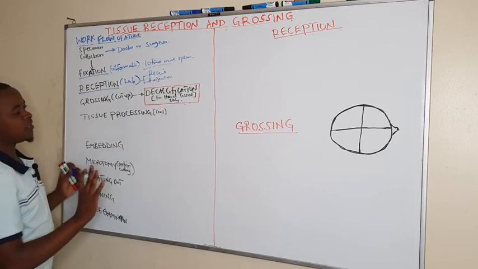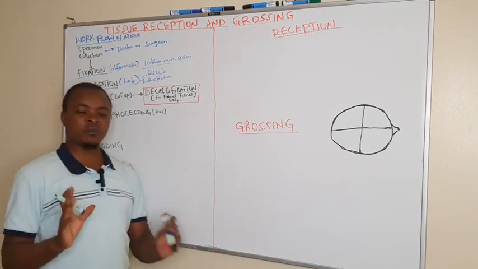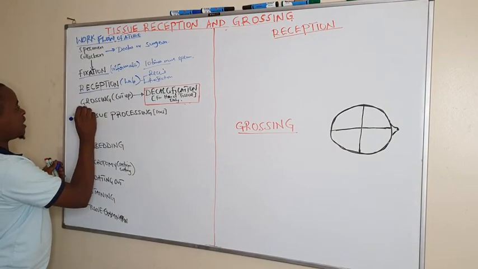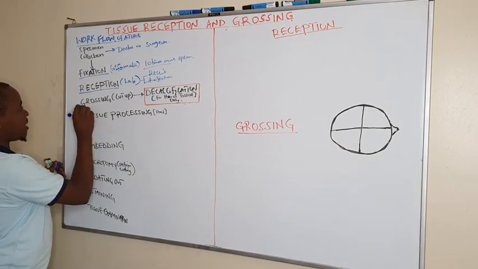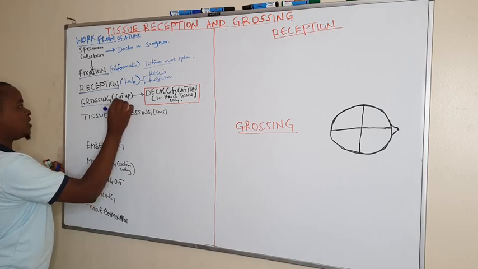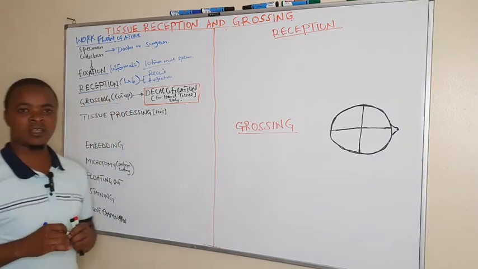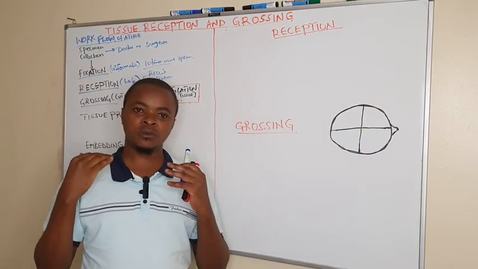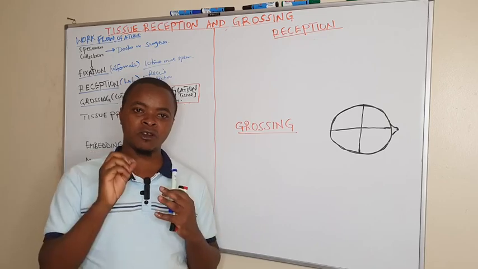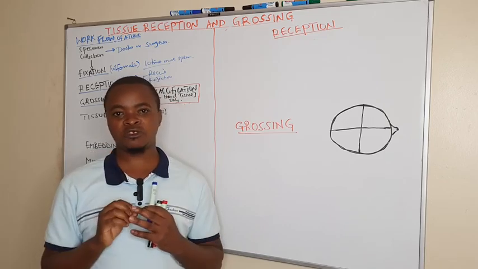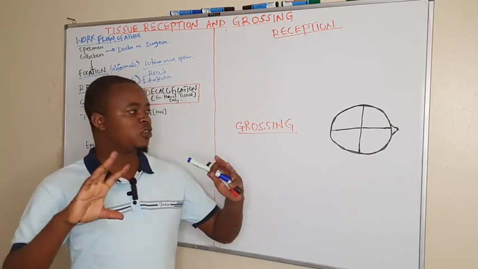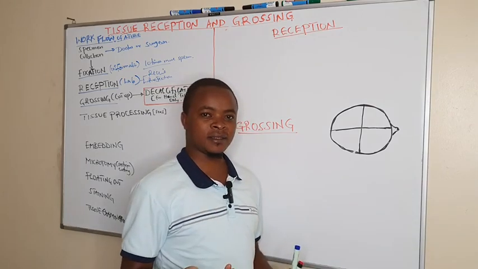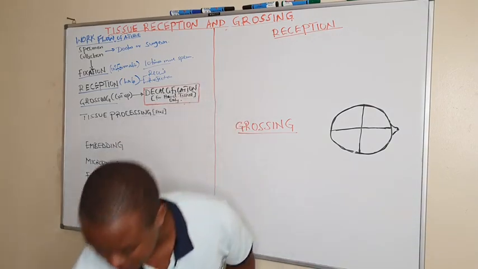And after being received and matching with the information on the request form, we then start grossing, which we can also call the cut-up section, whereby the major aim of grossing is to make small tissues for easy tissue processing. So you have received a big tissue like this, which is a mass, and you cannot put it in a tissue cassette like this.